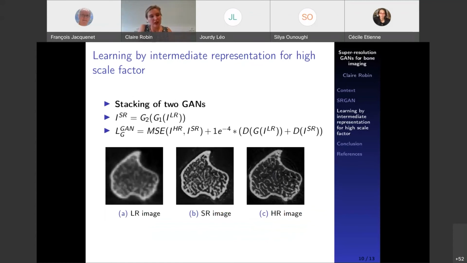We have a first GAN which generates an intermediate representation, with a discriminator which tries to control if this intermediate representation is good or not, and another GAN which tries to improve the resolution until the size of the high resolution image. However, again, we don't have a convincing image.